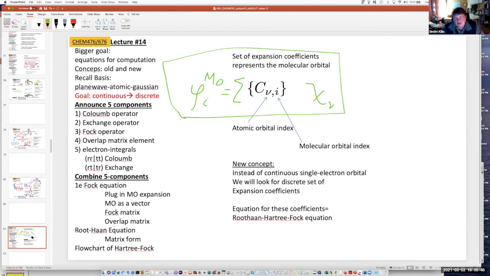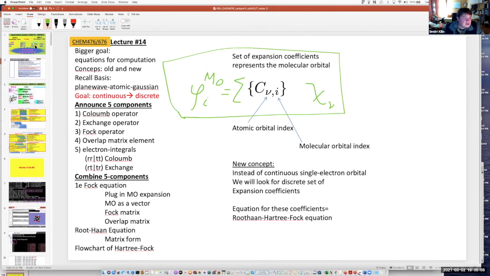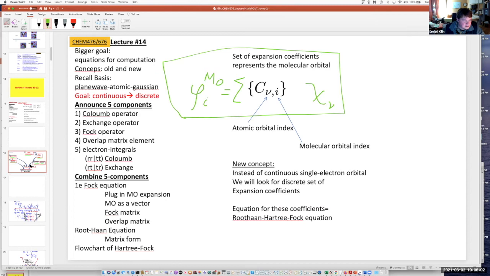So today we come back to this flowchart diagram to see where we are in this discussion.